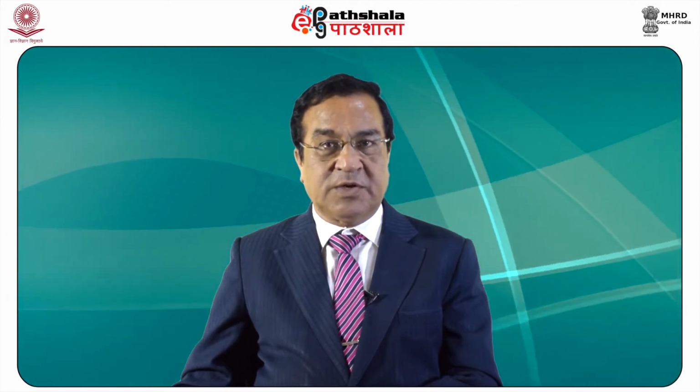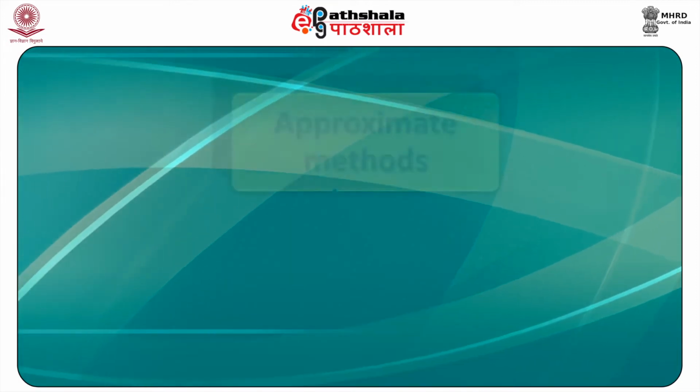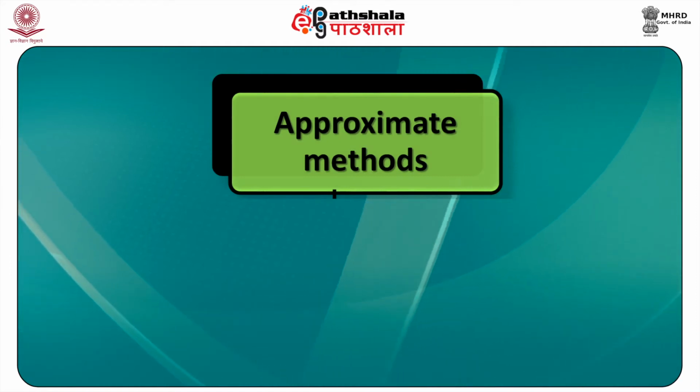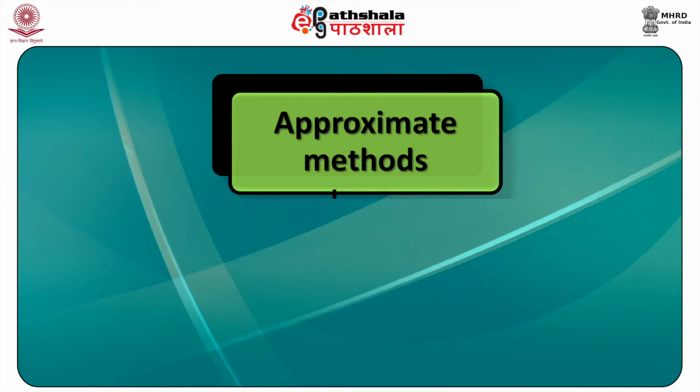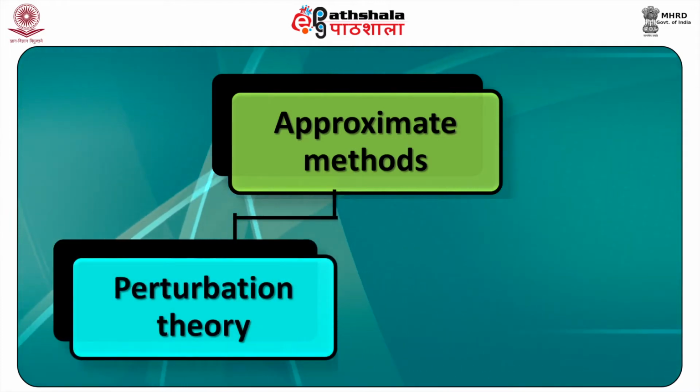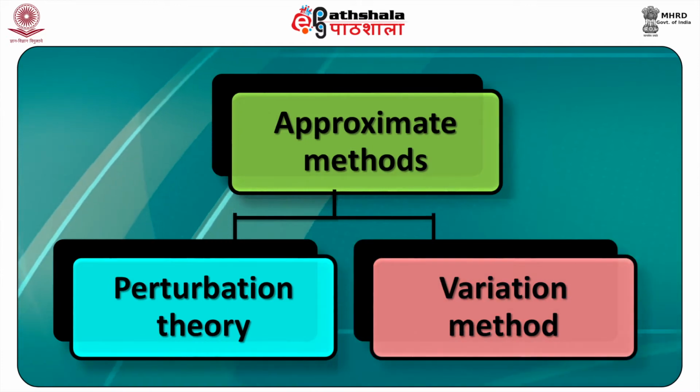Since most chemical systems contain more than one electron, we need approximate methods. Normally, there are two major approximate methods in quantum mechanics. One is the perturbation theory and the second is the variation method.